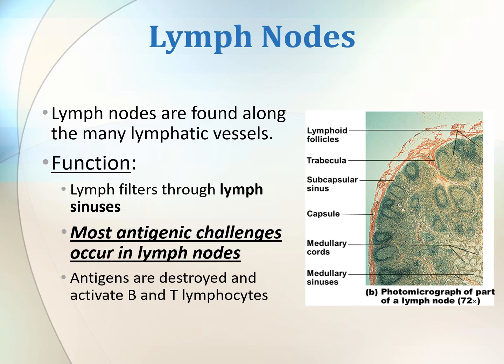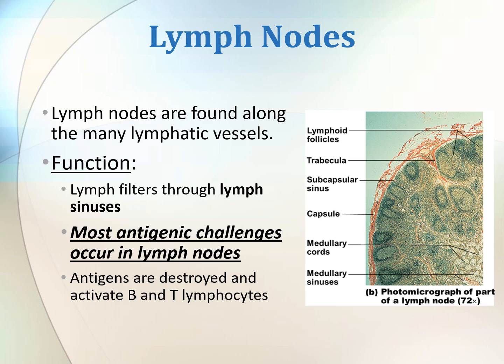So we already went through the lymph nodes a little bit with the structure of them. So essentially we have kind of these lymphoid follicles that contain all of those lymphocytes sitting in there waiting for an antigen.